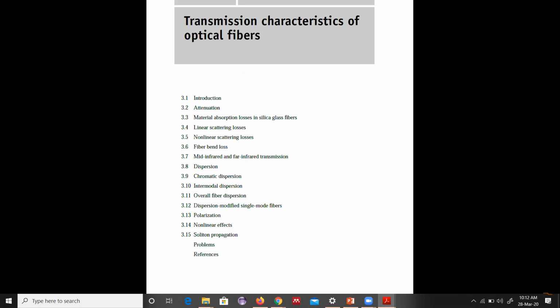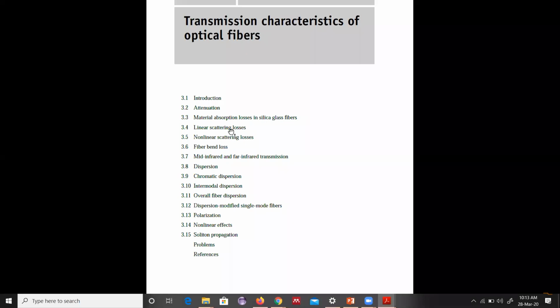These materials themselves will absorb certain information which is being transmitted inside the optical fibers, and they result in material absorption. Second is linear scattering losses. Scattering is nothing but the deviation of light away from the optical fiber core as the signal propagates throughout the optical fiber.